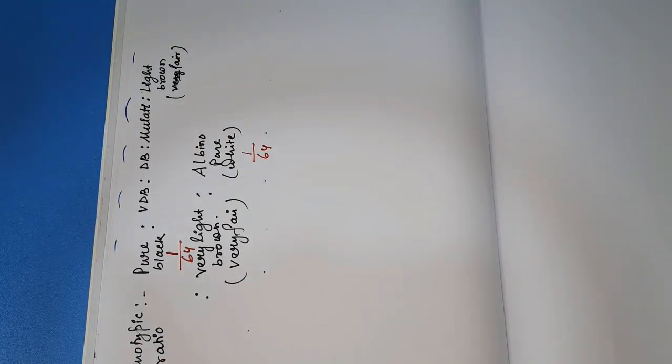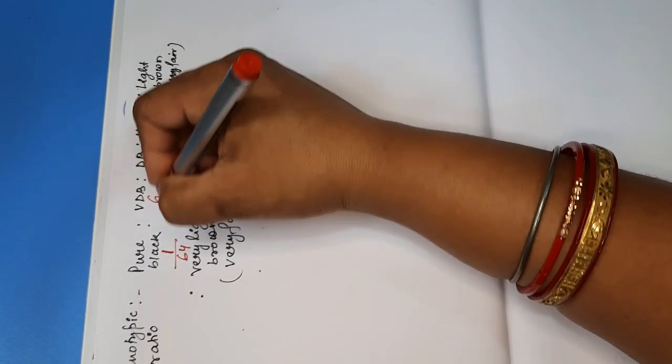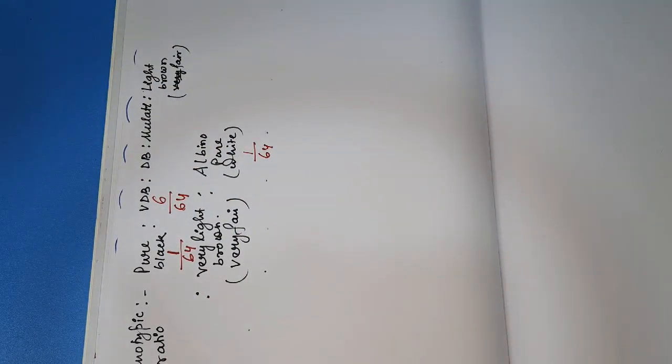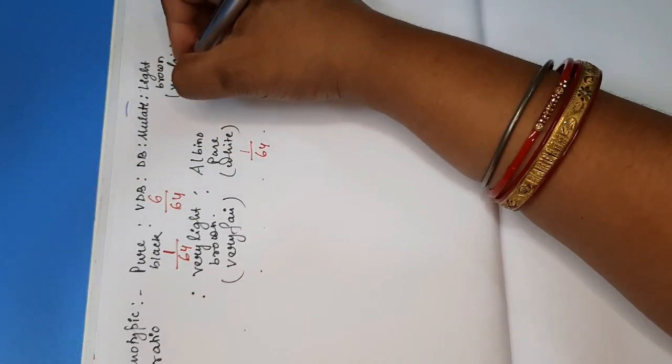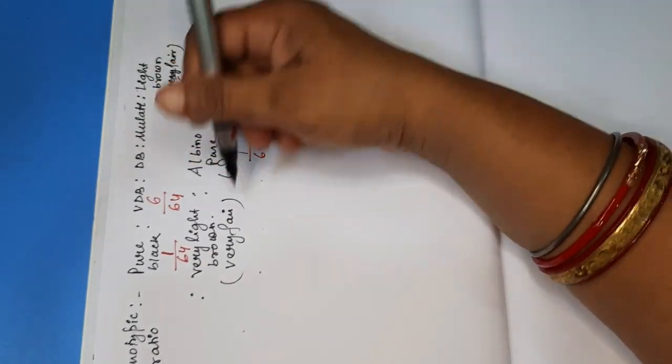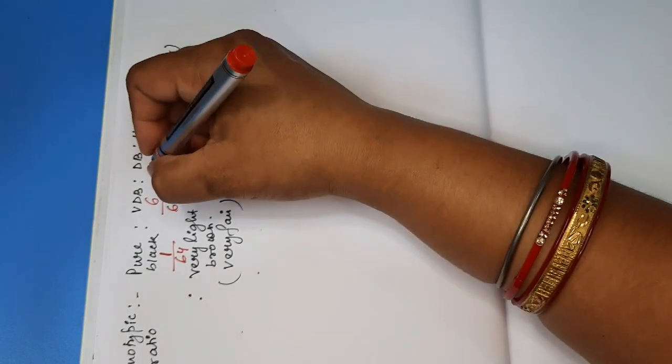Very dark brown and light brown or very fair, they will show you the next genotype, that will be 6 by 64, and this one will also be 6 by 64. This dark brown and very fair, they will show you the same thing.